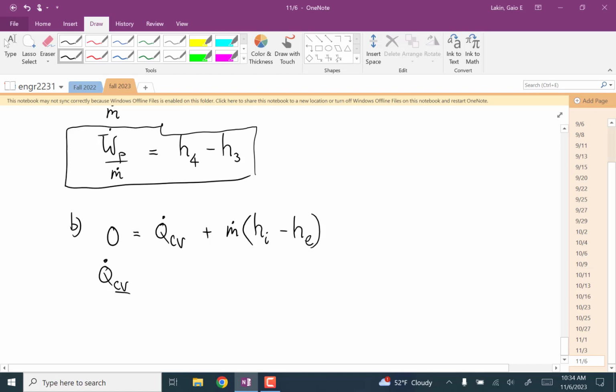So Q dot for the control volume over M dot is equal to, since I have to get this over on the other side, I have to switch the order of these, HE minus HI. That's the negative of getting that over to the other side.